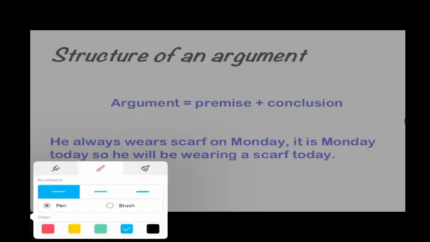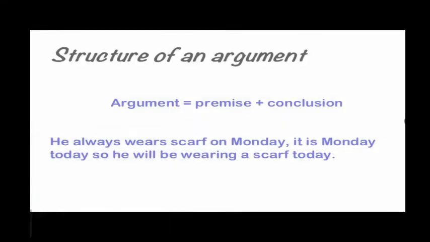By now you must be familiar with the structure of an argument. That's given clearly. An argument is premise plus conclusion, as simple as that. I've taken the same example again. He always wears a scarf on Monday. It's Monday today, so he will be wearing a scarf today.